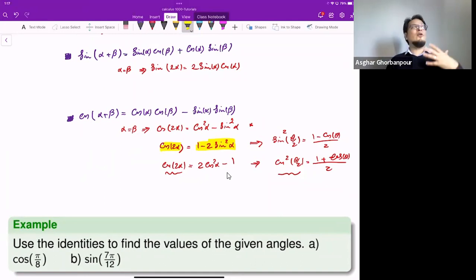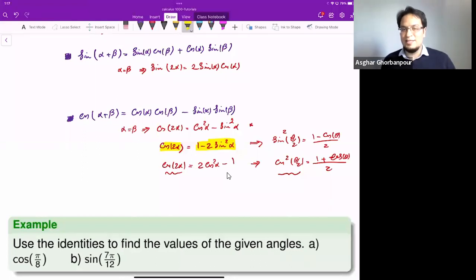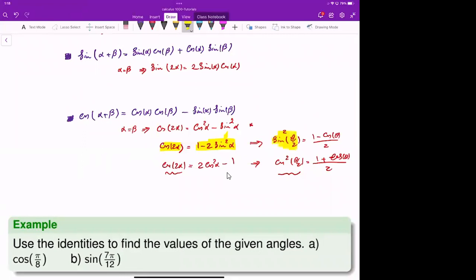Like if you know what is sine of pi over 10, you can put it in the right-hand side and get cosine of pi over 5, double of pi over 10. But for the other formula, it is the other way around. If you know cosine theta, you can find sine of half of that.